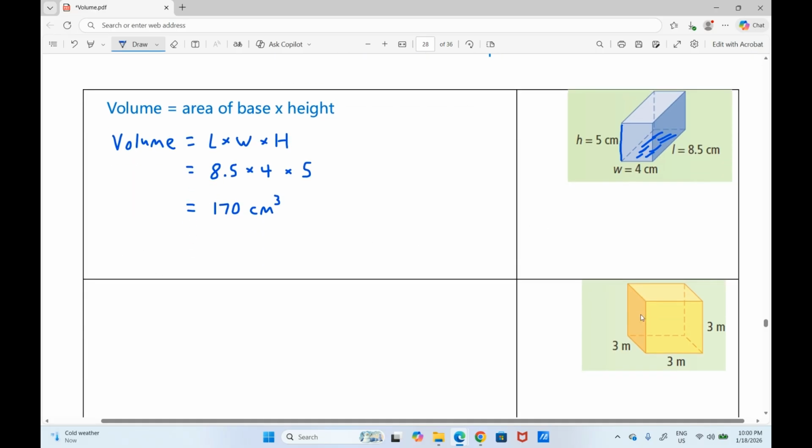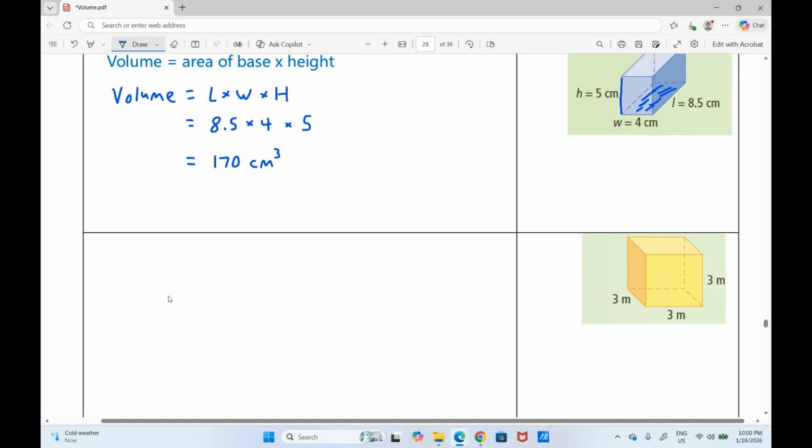So for the volume of a cube, same idea, I find the area of the base first. In this case, the area of my base, or the bottom, is going to be 3 times 3, and then I times that answer by my height, which is 3. So area of base times height.